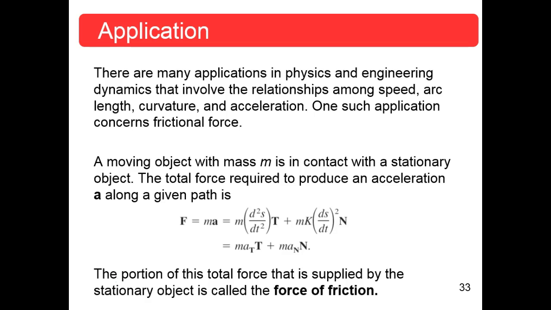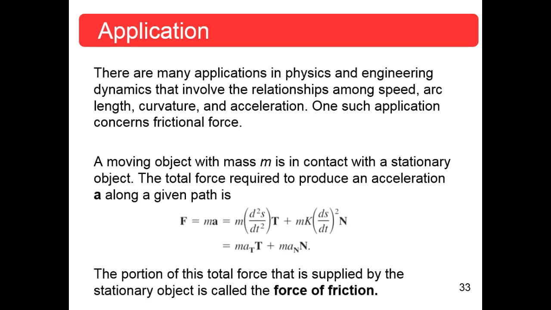Okay? Now, the mass times the acceleration, there's two components of the acceleration. There's the tangential component, which is d2s dt squared, and that would be times your unit vector in the tangential direction.